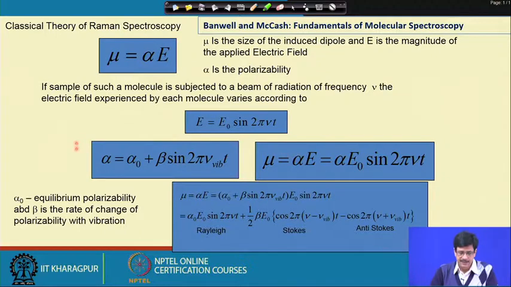If we replace this alpha in the expression of the induced dipole mu, then we get alpha E0 sine 2 pi nu t, and if we expand it using our trigonometric relationship, then we get a component alpha 0 E0 sine 2 pi nu t plus half of these terms, where the first term is nu minus nu vibration into t, and here it is nu plus nu vibration into t.